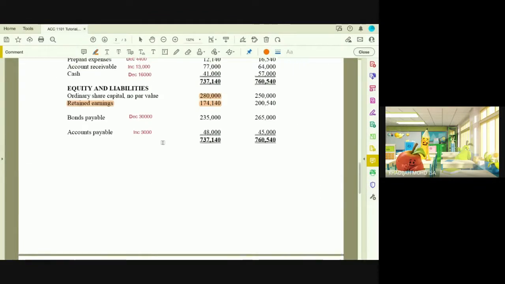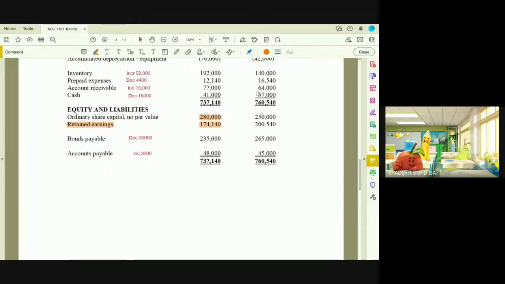You have cash of 57,000. And then at the end of the year, you have 41,000. Why? Because it reduces due to the changes in the activities as well as the payout of dividend. So that's why you are capable.